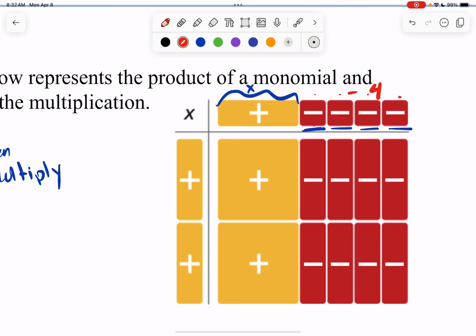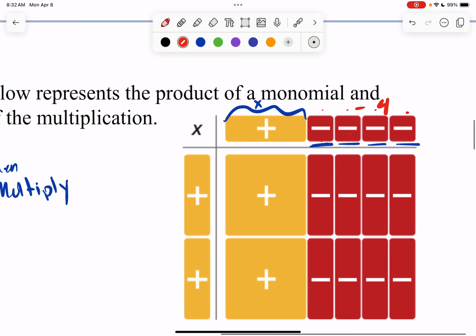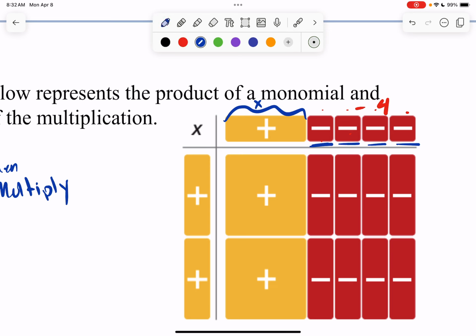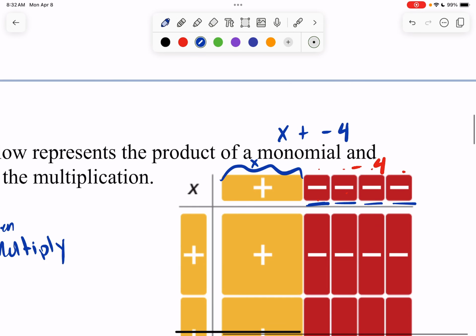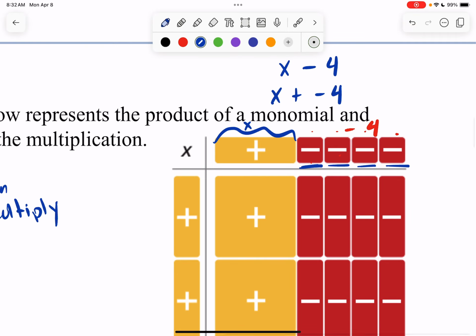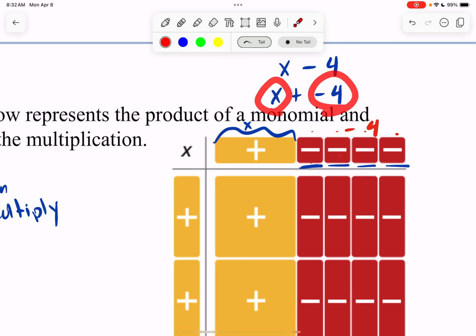So that would be a -4. So on this side, I have an X and 4 negatives. So I could rewrite that as an X plus 4 negatives, or X minus 4. So there is my binomial, two terms, an X and a -4.